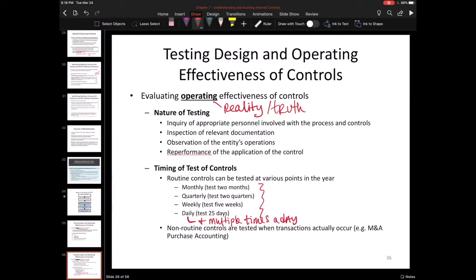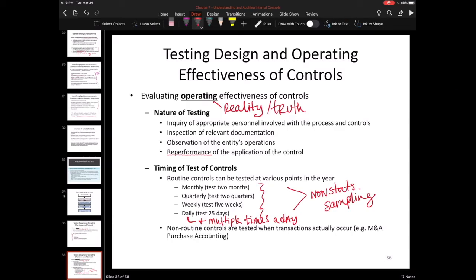You would typically get the sample of every time it operated, take a random sampling of 25, and then see how many times out of that 25 it operates. For weekly, you would test 5 weeks, quarterly 2 quarters, monthly 2 months. And these are the guidelines for non-statistical sampling. When we go into Chapter 8, we're going to talk about statistical sampling because we're going to come up with some extremely different sample sizes than this.